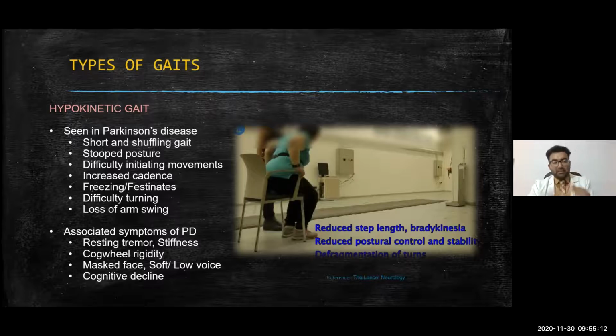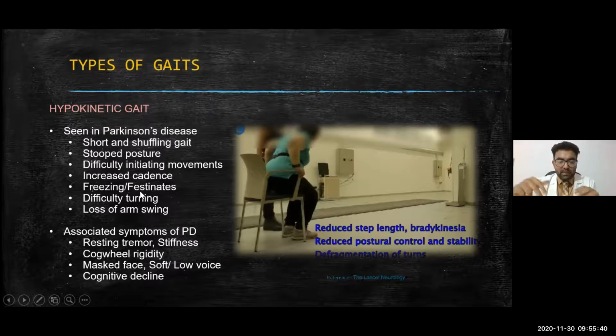Now, what is cadence? Cadence is basically the number of steps required in a certain amount of time. So if the person is taking slow or short steps, then for a given time, it will require more steps to reach, right? That's why with Parkinson or hypokinetic gait, there will be an increased cadence. There will be freezing.